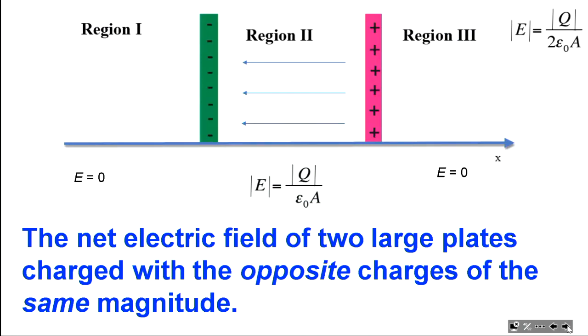So why is it convenient? Because this is how we can generate a uniform electric field and then run many different experiments with charges traveling inside it. Because when the electric field is not uniform, the force will be different and it's hard to study.